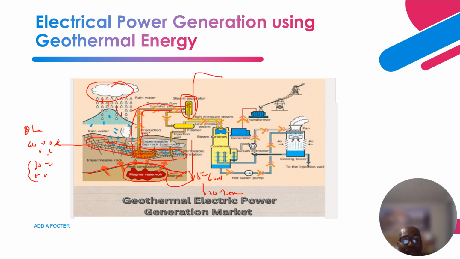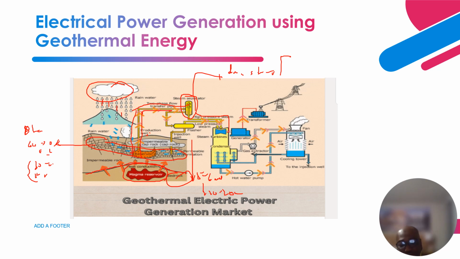Okay, so once it gets to the steam separator, like I told you, this steam has some composition of dry steam and wet steam. So the goal is to get the dry steam to flash over and be piped into the turbine. So the high pressure steam comes into the high pressure section of the steam turbine, right?